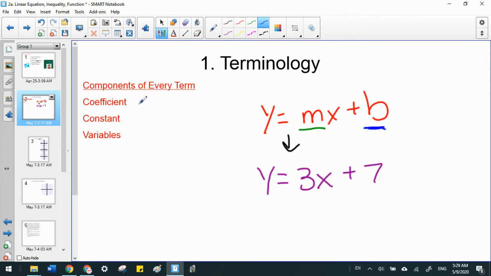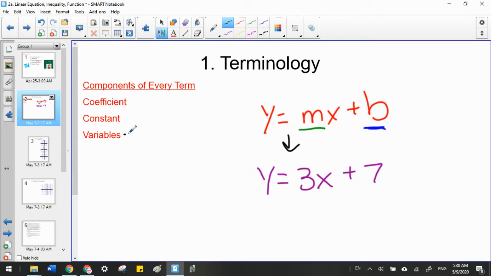Three words that you should understand in terms of equations and expressions are coefficient, constant, and variables. They describe every part of every expression and equation you'll ever see. First, let's start with the concept of variables.